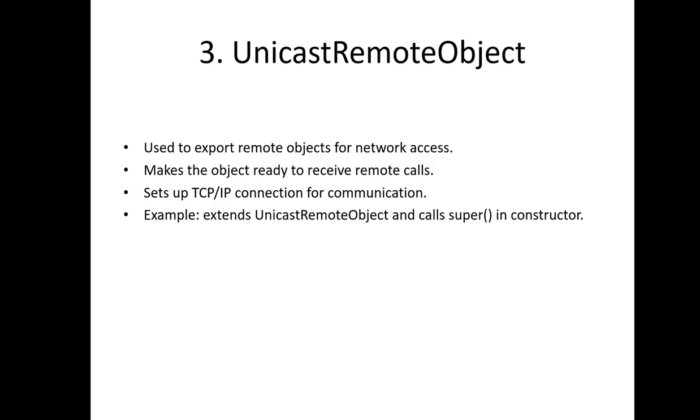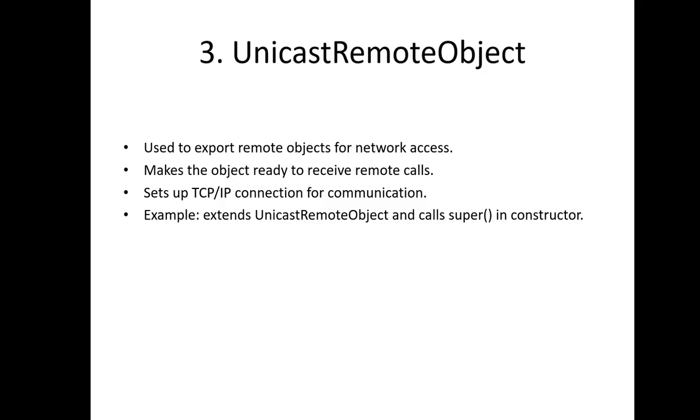For example, it opens a TCP/IP port for the remote object, and it exports the object, meaning it makes the object available to the client. It also handles sending and receiving messages over the network. So it sets up the communication line between the server and client. That is the responsibility of UnicastRemoteObject.